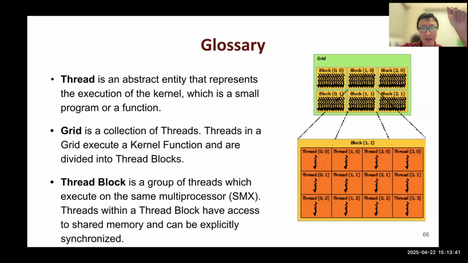A thread block is a group of threads which are executed on the same multiprocessor, which is something many people get confused about. When you talk about GPUs, I understand, it's a big, gigantic socket with everything on it. That's a GPU socket, right? Now we talk about multiprocessors. What is a multiprocessor?